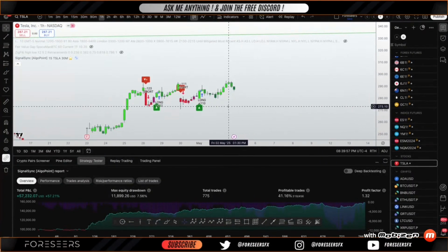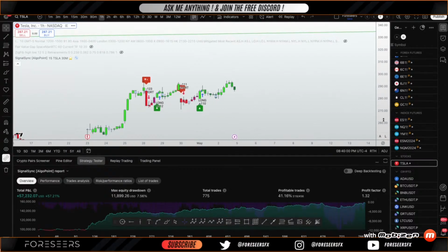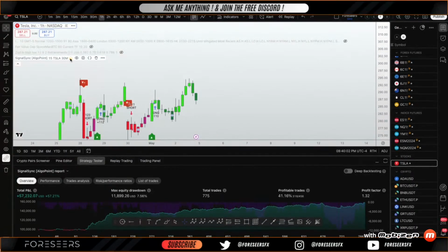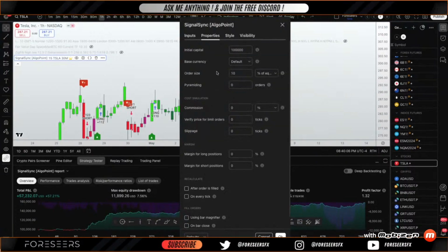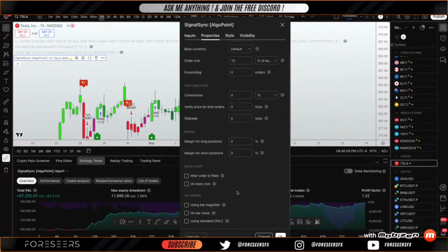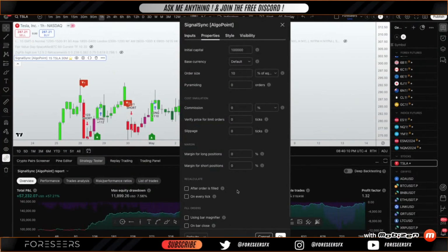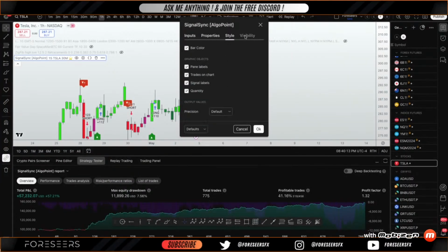But if you're someone that's going to trade manually, I'd be very, very careful. I'm pretty sure this thing sends out, I'm not sure if it does. Okay, I don't like the bar color.